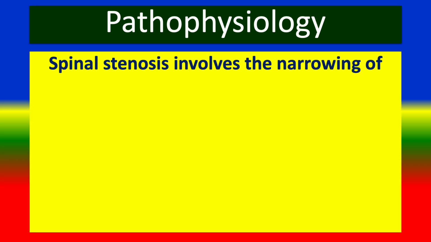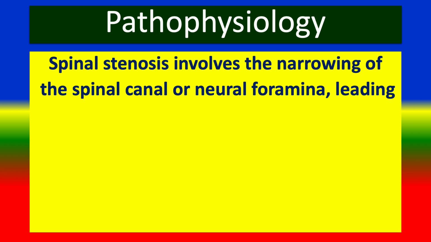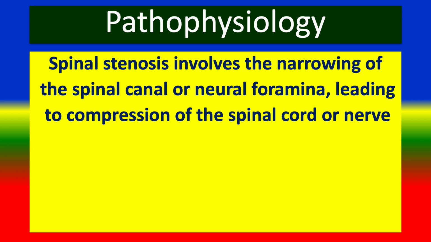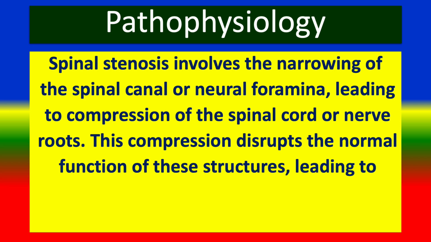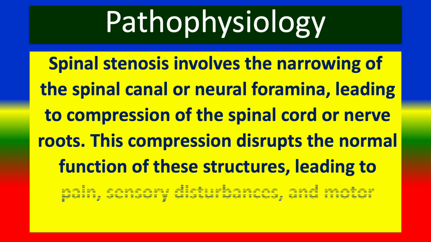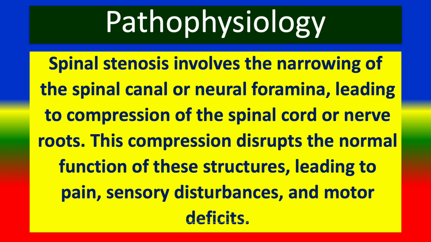Pathophysiology. Spinal stenosis involves the narrowing of the spinal canal or neural foramen, leading to compression of the spinal cord or nerve roots. This compression disturbs the normal function of these structures, leading to pain, sensory disturbances, and motor deficits.